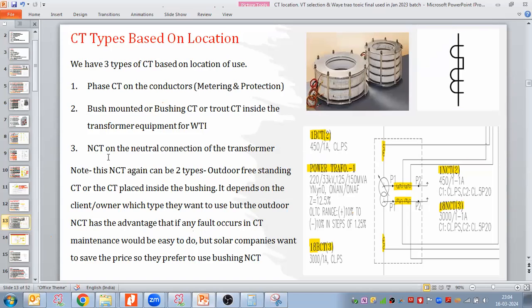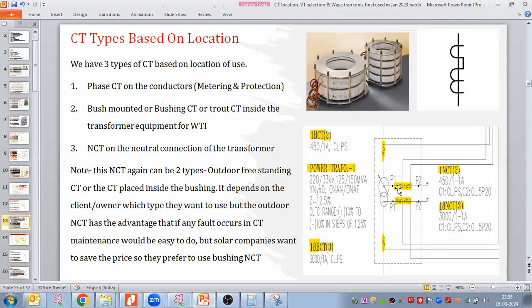And then third, we have the neutral current transformer, NCT, on the neutral connection of the transformer. This NCT again can be of two types. It could be an outdoor freestanding CT, meaning the CT is outside of the transformer, or the CT placed inside the bushing, which is the case here.